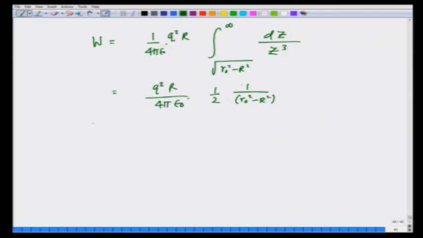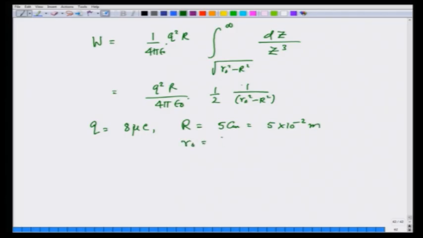Now, we are given that q is equal to 8 microcoulomb, r is equal to 5 centimeters, which is nothing but 5 times 10 raised to minus 2 meters.